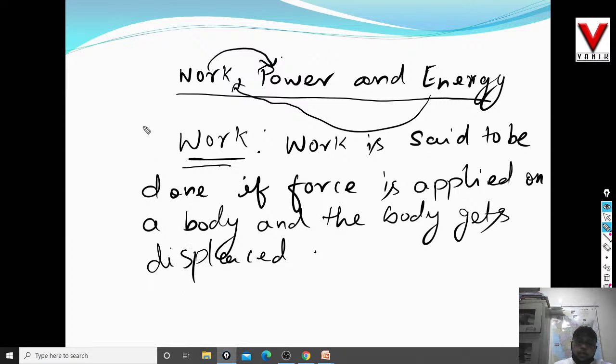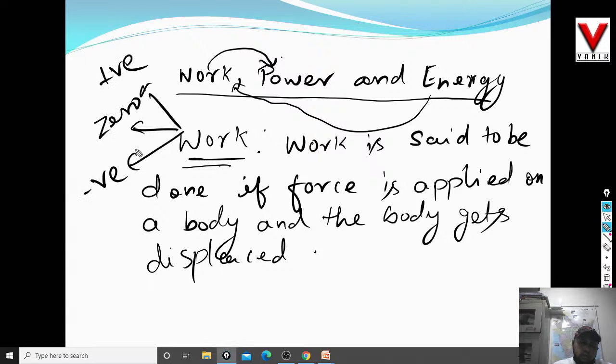Now we will see that work is basically of three types. So one we have is positive work, then we have zero work, and then we have negative work. So yes, so we have these three types of works. Now let us start with what is positive work.